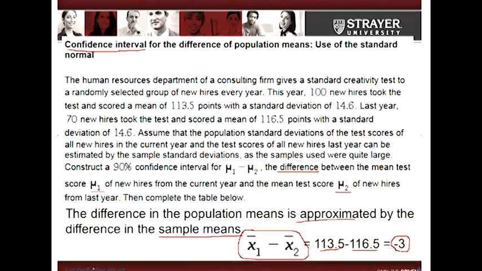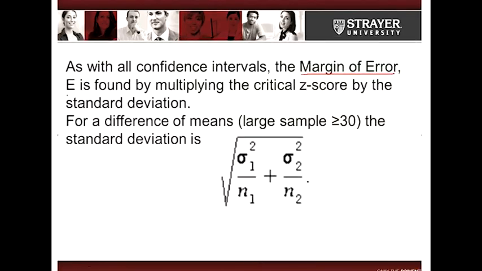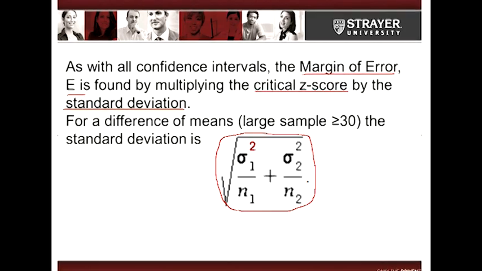With all confidence intervals, we're really looking for the margin of error. The margin of error, E, is found by multiplying the critical z-score by the standard deviation. Now for a difference of means, the standard deviation is given by this very lovely formula. I made it real pretty for you. It reads the square root of the variance of sample 1, which is standard deviation squared, because variance is standard deviation squared.